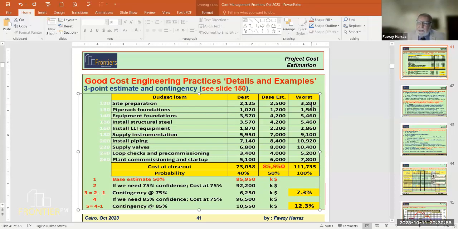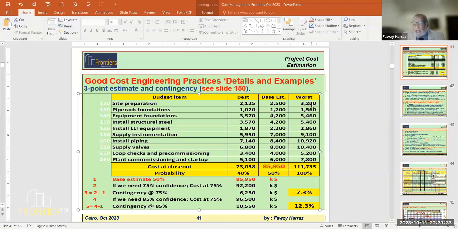This design development allowance ranges from 2.5% maybe to 5%. It depends on the quality of the FEED. The FEED can take 8 months or 18 months. With 8 months, you can expect this shortage, that the details are not enough.